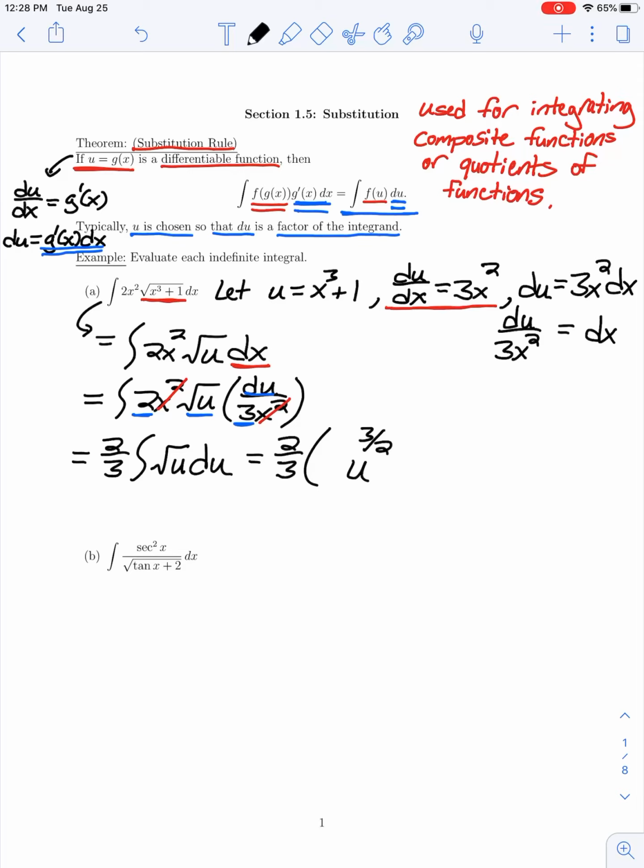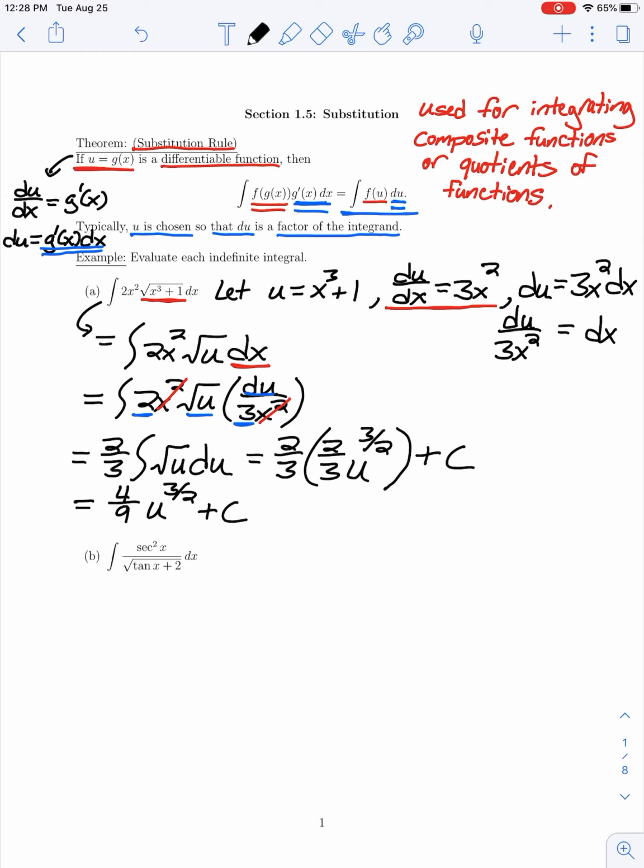But now dividing by 3/2 is equivalent to multiplying by the reciprocal, 2/3. And now that I've found my antiderivative, I can include a constant of integration on the end. So simplifying a little bit, we have 2/3 times 2/3, or 4/9, u to the 3/2 power, plus c.